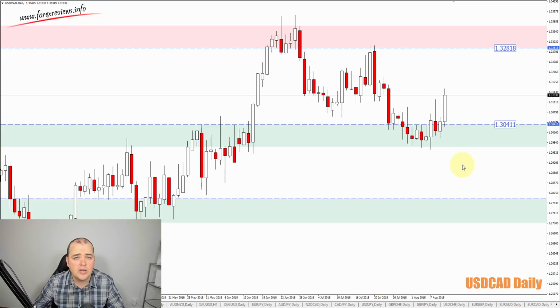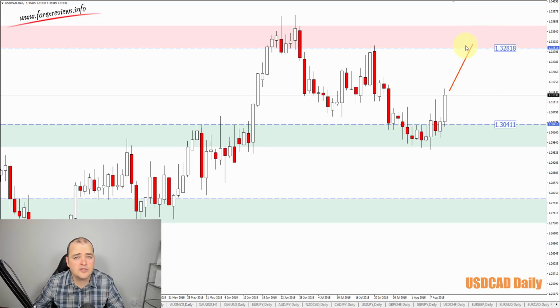And for all those people that are holding a buy position on this market, potentially this market may continue all the way up to the 132.81 zone area. The 132.81 zone area is a great target area to the upside for all those people holding a buy position on this market from the 130.41 zone area.